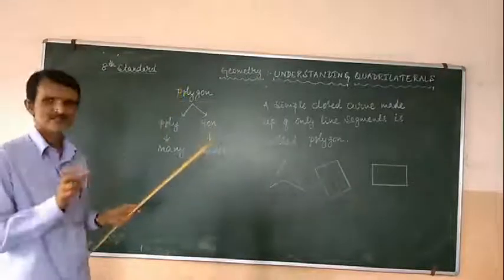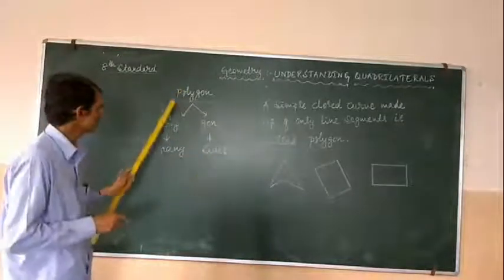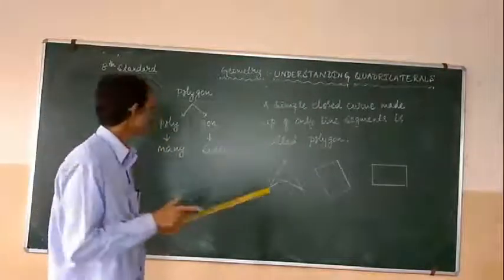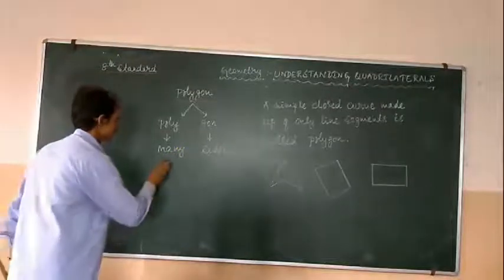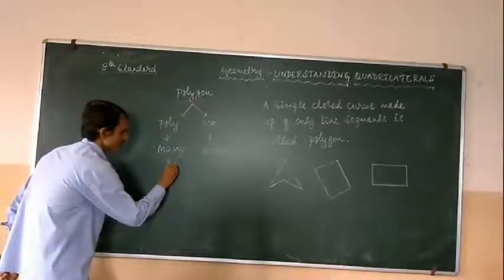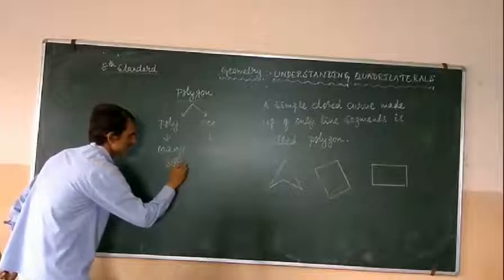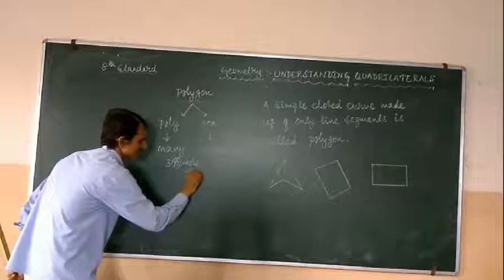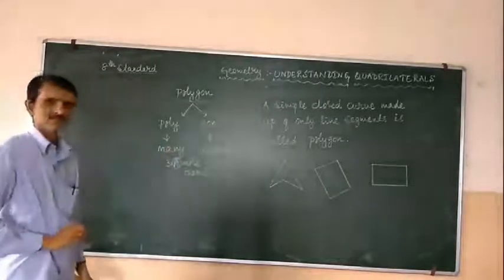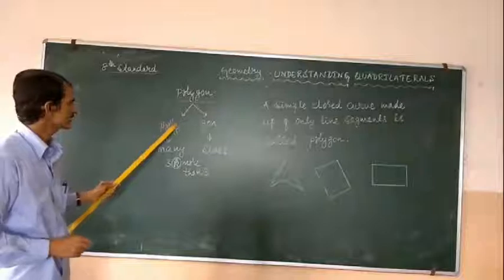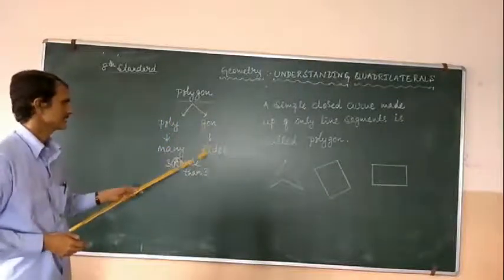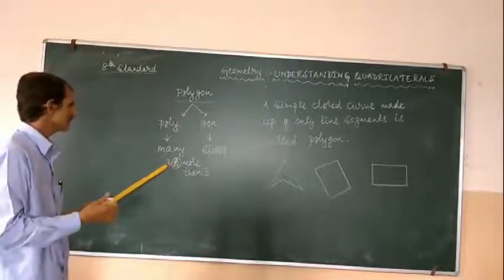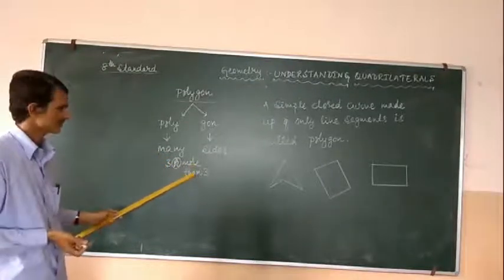In general we can say that a polygon is a plane figure which consists of 3 or more than 3 sides. Poly means many, gon means sides. So many means it must be 3 or more than 3 sides.